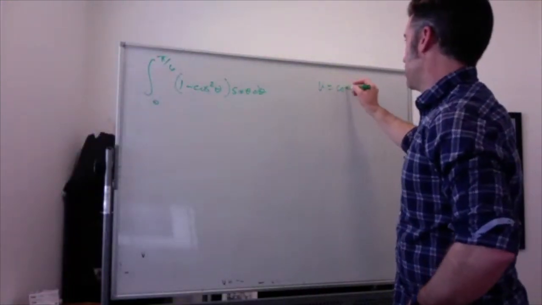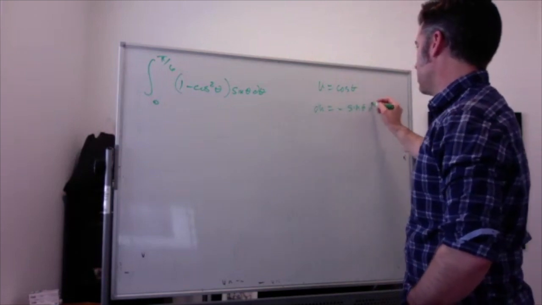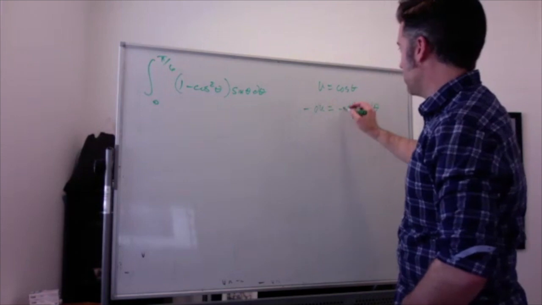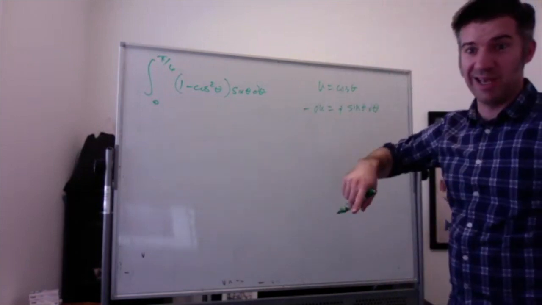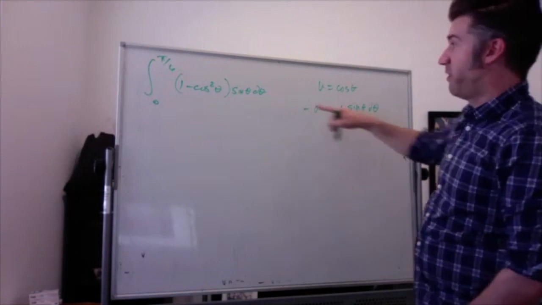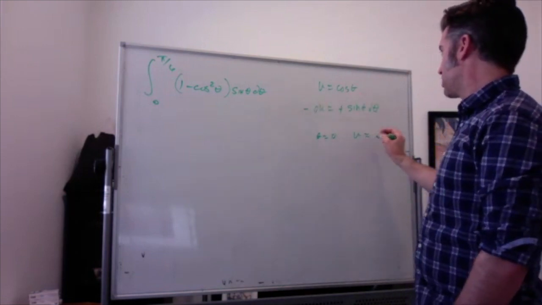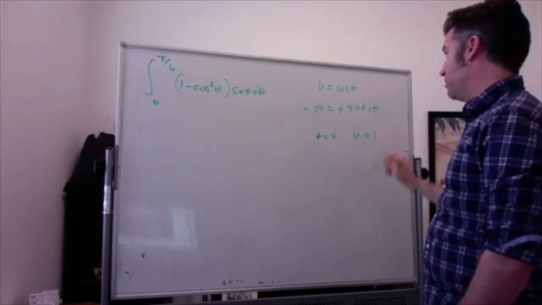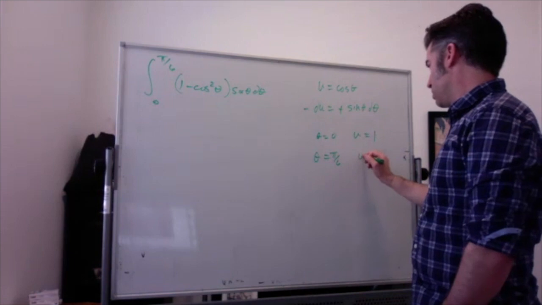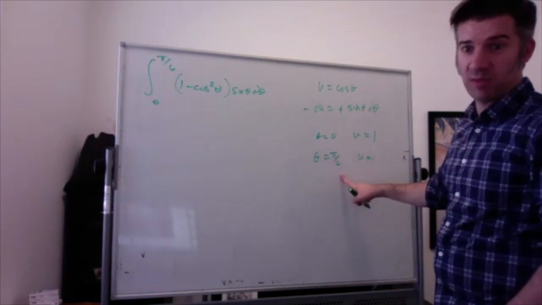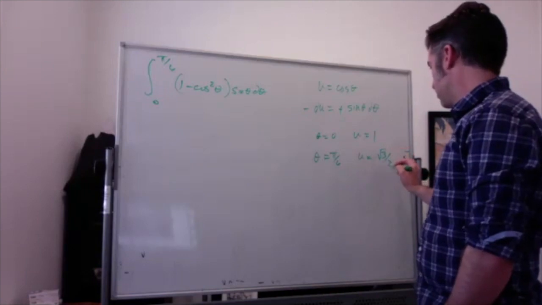So u is cosine theta. du is negative sine theta d theta. So negative du is positive sine theta d theta. And then I should also change my limits of integration again. So if theta is 0, u is cosine of 0, which is 1. And if theta is pi over 6, u is cosine of pi over 6, which isn't 1/2, because that's what sine of pi over 6 is. It's root 3 over 2.